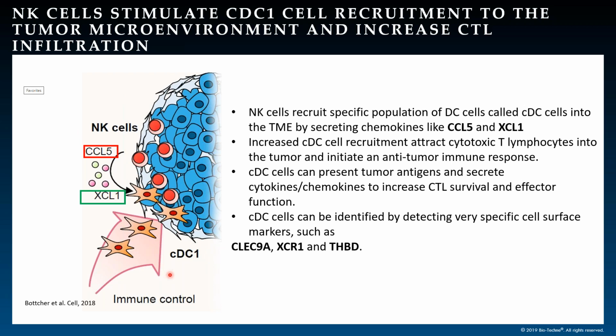And these DC cells ultimately recruit cytotoxic T lymphocytes from the draining lymph nodes. And these cytotoxic T lymphocytes can ultimately mount an anti-tumor immune response in the tumor microenvironment. So we wanted to show that using RNAscope technology, you can actually identify and visualize these specialized immune cell populations.